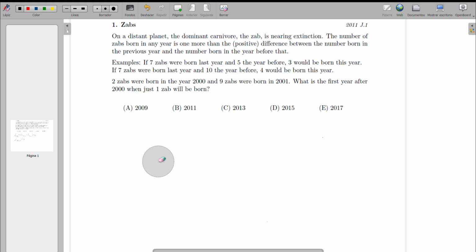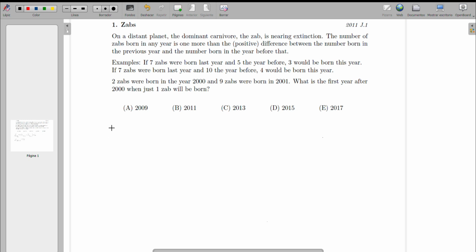And the first exercise says, on a distant planet, the dominant carnivore, the sab, is nearing extinction. The number of sabs born in any year is one more than the positive difference between the number born in the previous year and the number born in the year before that.